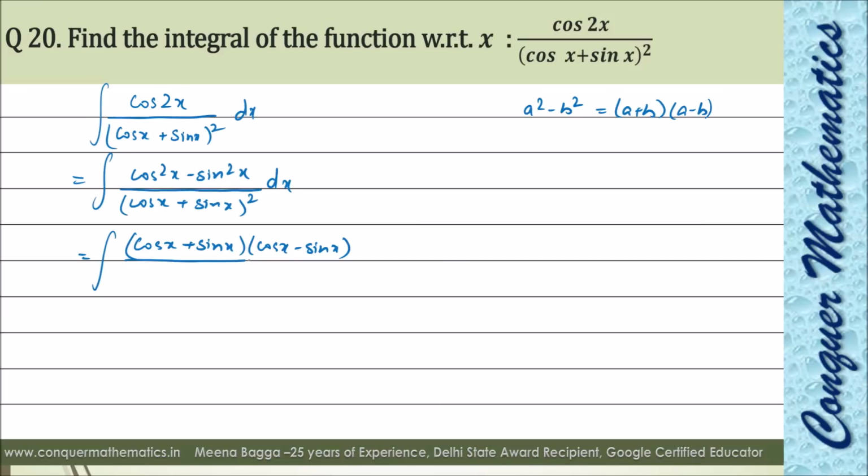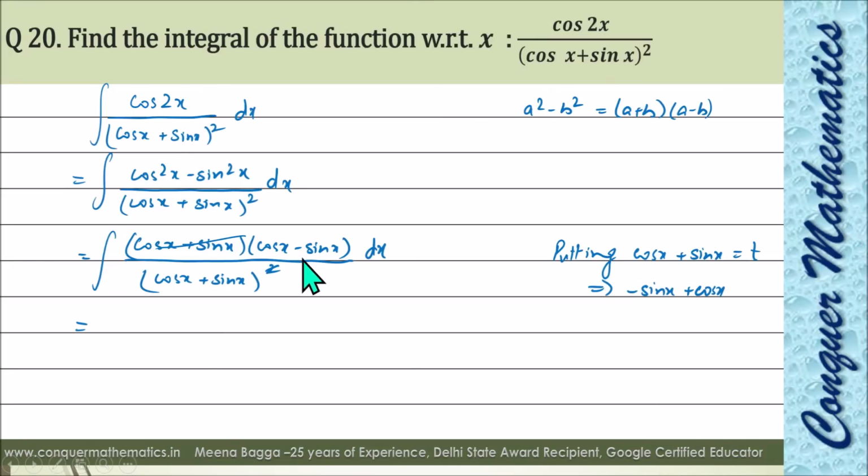Okay. Now in the denominator, there is cos x plus sin x whole square. We are to cancel cos x plus sin x, and in the denominator, this is cos x plus sin x. If we put cos x plus sin x as t, what is its derivative? Minus sin x plus cos x, right?